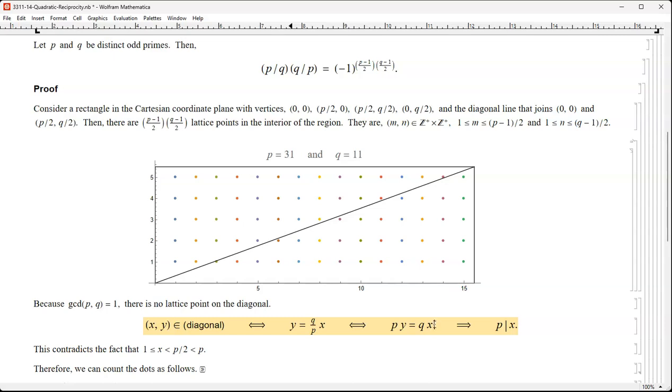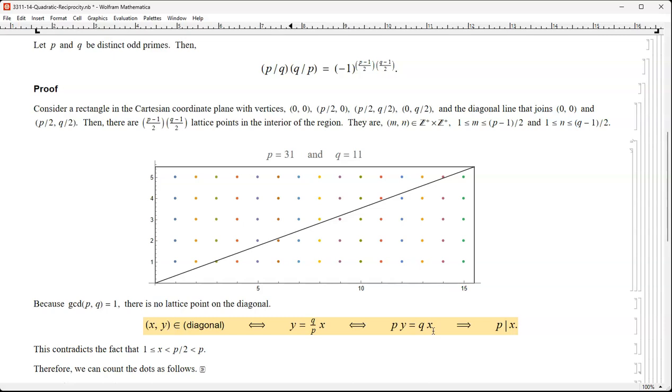And that helps in proving that there's no lattice point on the diagonal, because if so, some (x, y) must be on it, with y equals q over p times x and py equals qx. And then p must divide x, by Euclid's lemma. p and q are primes and they're distinct, so p and q are relatively prime.